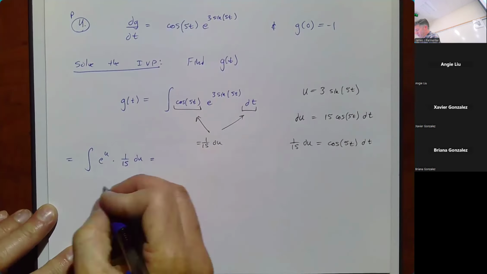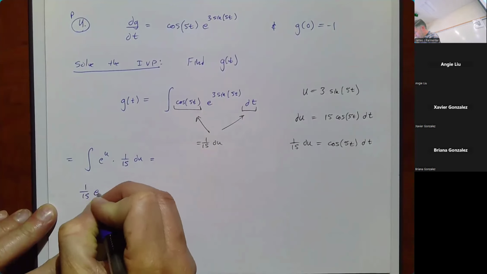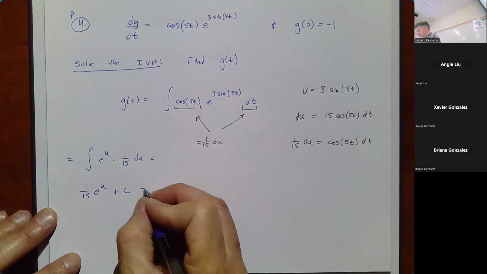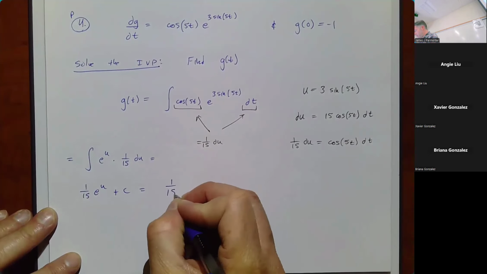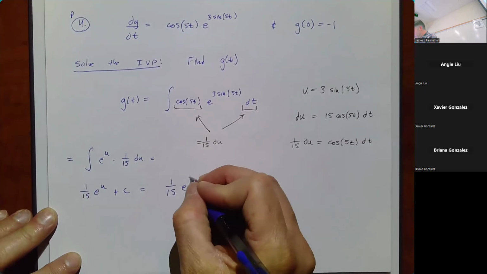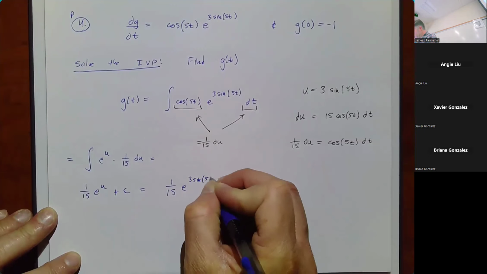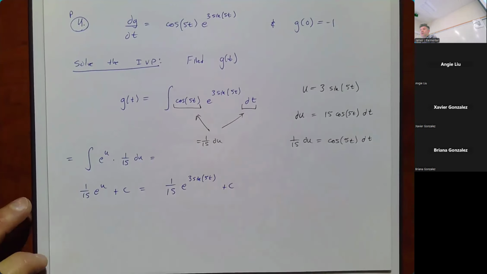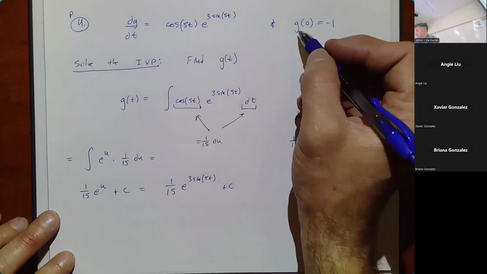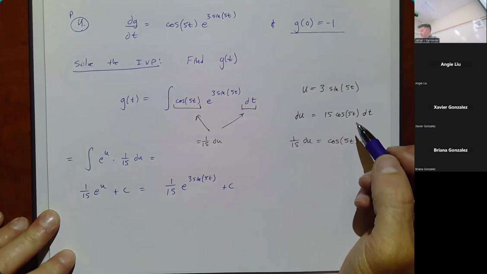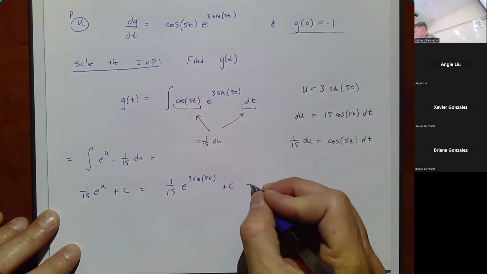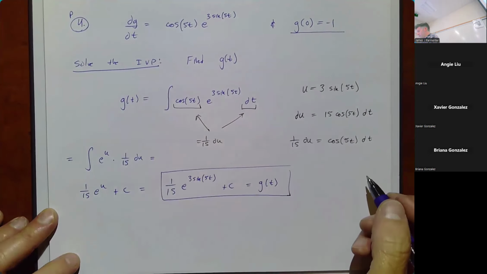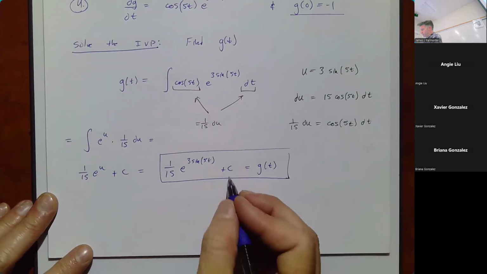Here we're going to get 1/15 e to the u plus c. Then we're going to plug back in our u, which is going to be 1/15 e to the 3 sine of 5t plus c. And then we can use our initial condition that g of 0 equals -1 to figure out what c is going to be. So this is what we think g of t is. And then we're going to say, but wait, I need to find c.